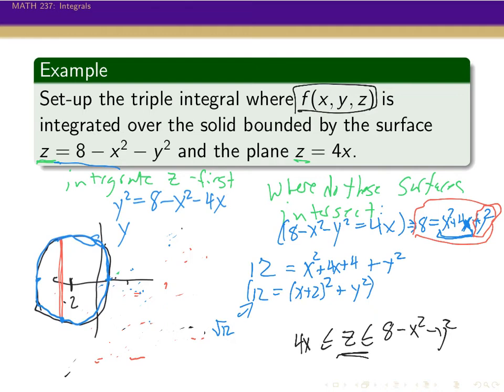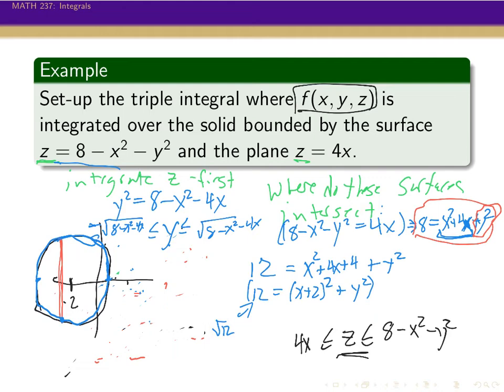So my y's are going from, let's give myself a little bit more space. So my y values are going from minus square root of 8 minus x squared minus 4x to positive square root of 8 minus x squared minus 4x.